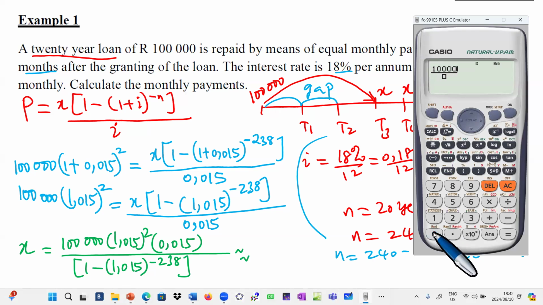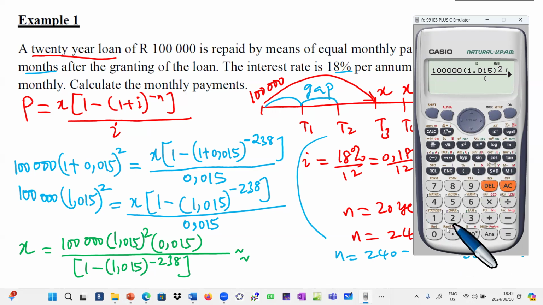100,000. And then after this, we shall be looking at past examination questions. 1.015, and then you close bracket, you square. You multiply it by 0.015. You close the bracket.